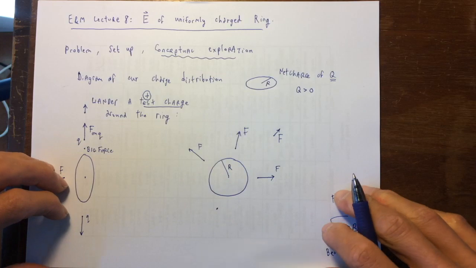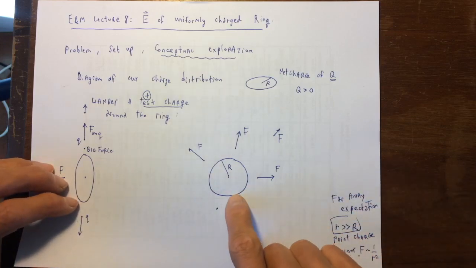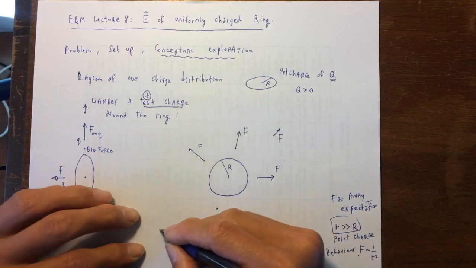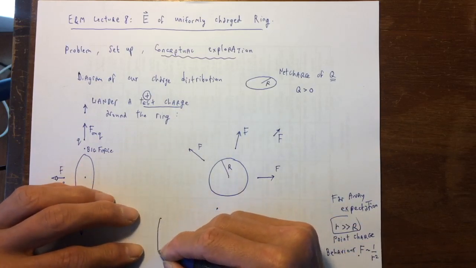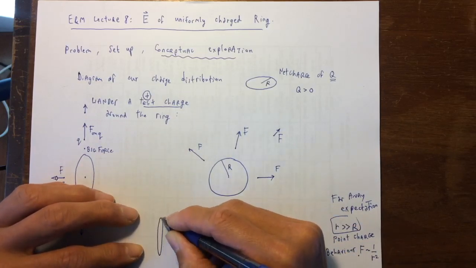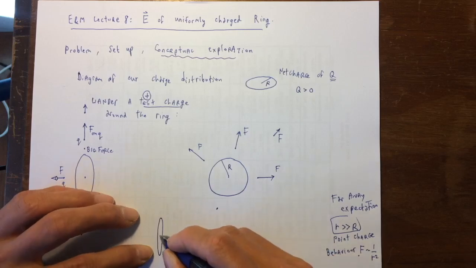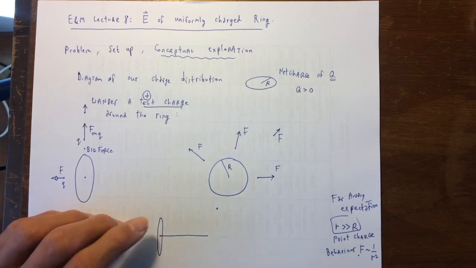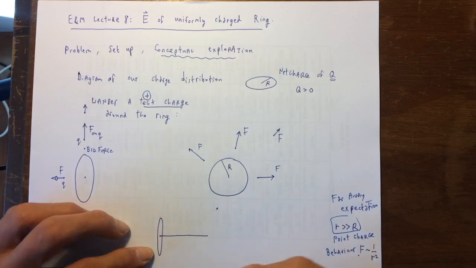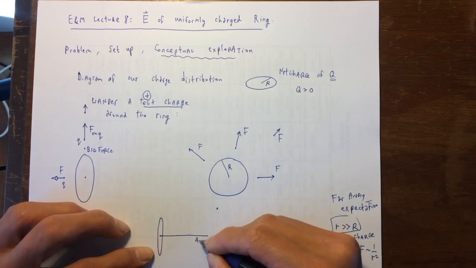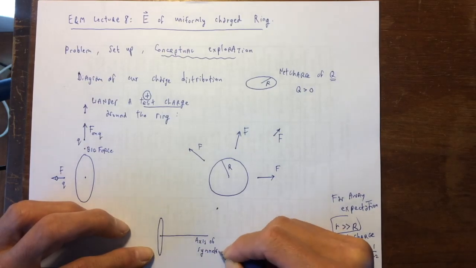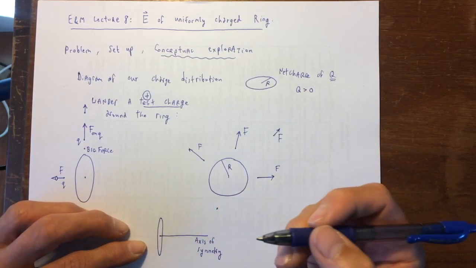All right, so let's imagine taking this ring and turning it on its side. So what I mean by that is I'm going to take this extreme perspective of looking in directions perpendicular to the plane of the charge, so along the axis of symmetry and also off the axis of symmetry.